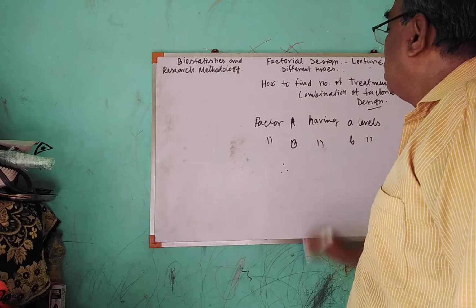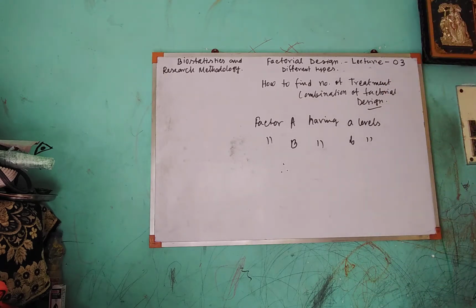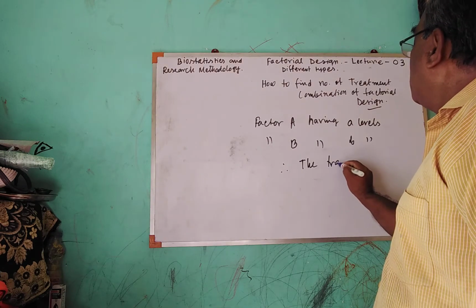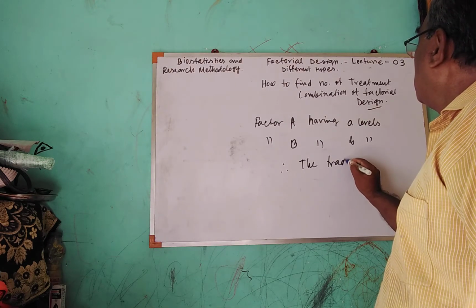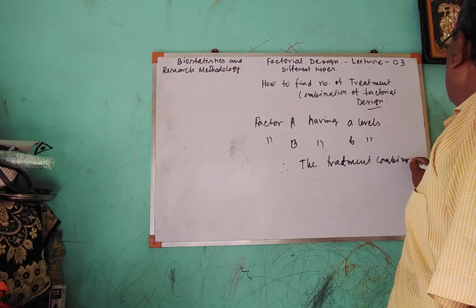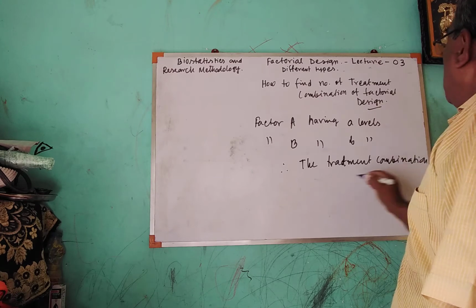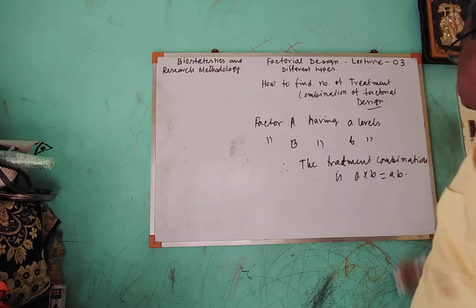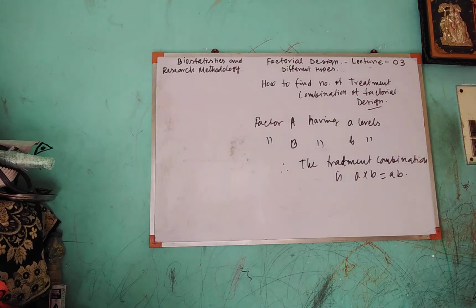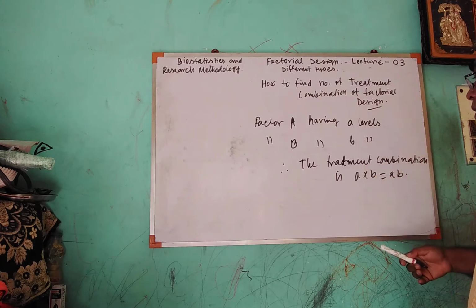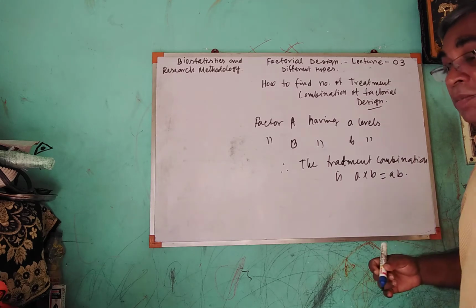Then the treatment combination is A into B, that is AB. That means you have to multiply the levels, then you get the treatment combination.